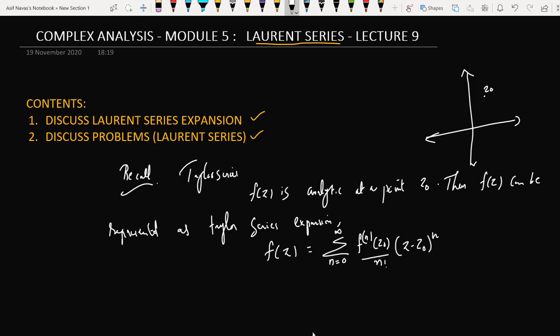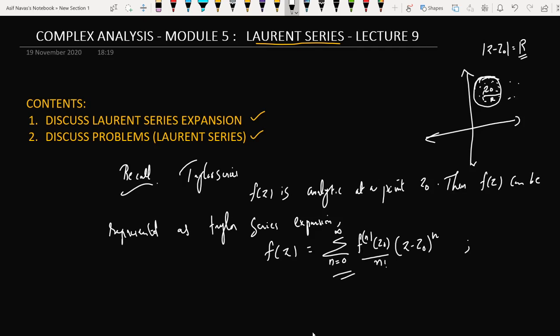Okay, so this series expansion is valid in a circle or disk. So if you take a disk with the radius r, the boundary of this disk is the circle z minus z naught equal to r. This series expansion is valid for any point inside this circle, and it's not valid for any point outside the circle.